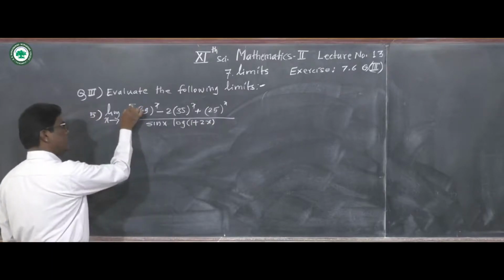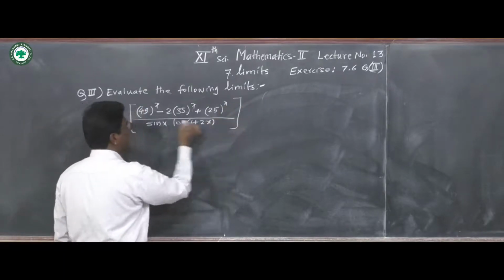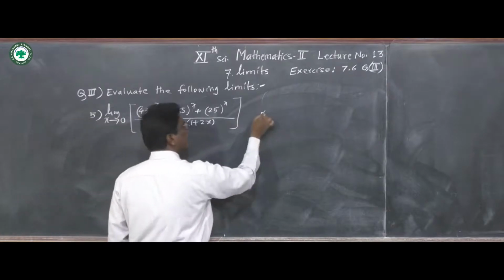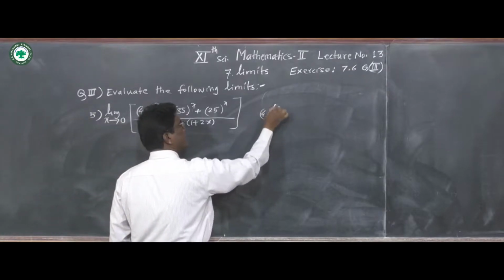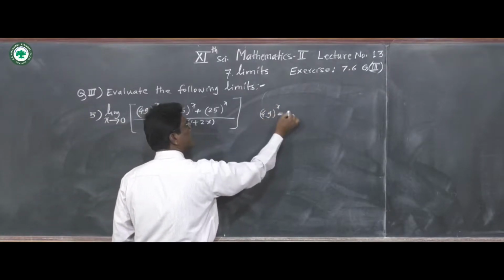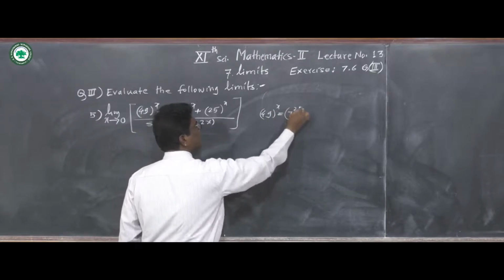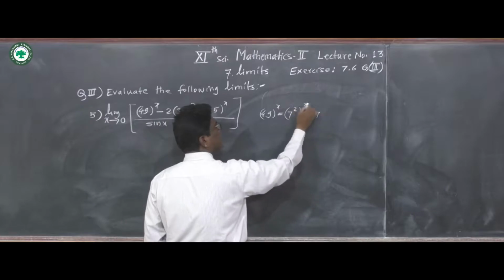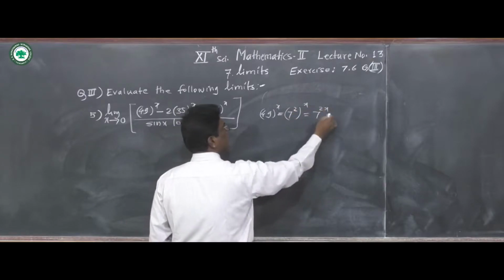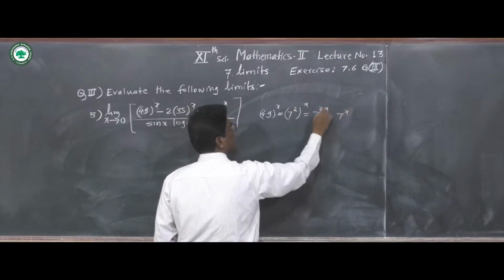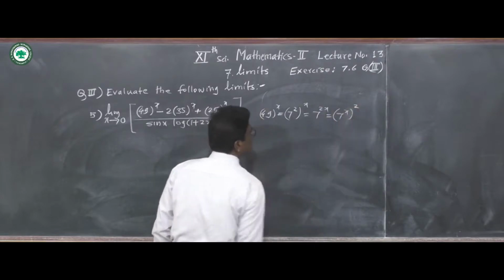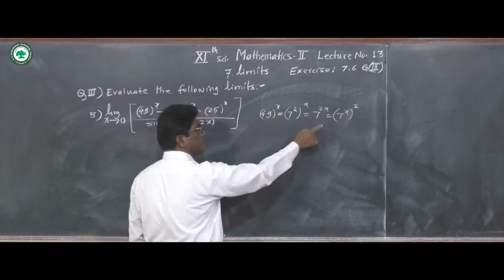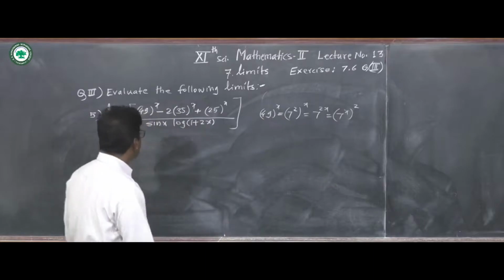Now in the numerator we write 49 to the power x. 49 is 7 square, so 7 square to the power x is 7 to the power 2x, which we write as (7 to the power x) bracket square.